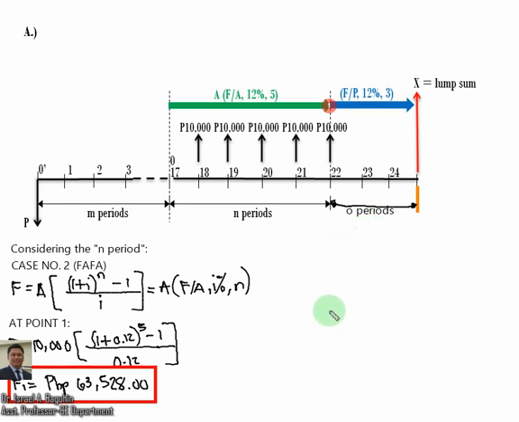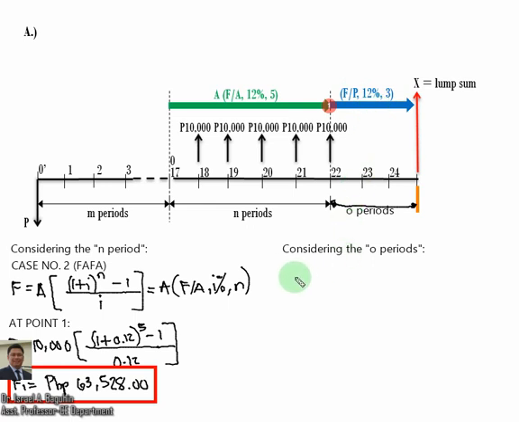So considering now the o periods, we have here our value of o, which is from this year: 1, 2, 3. So our o here is just equal to 3 years, and still our interest rate is 12%.